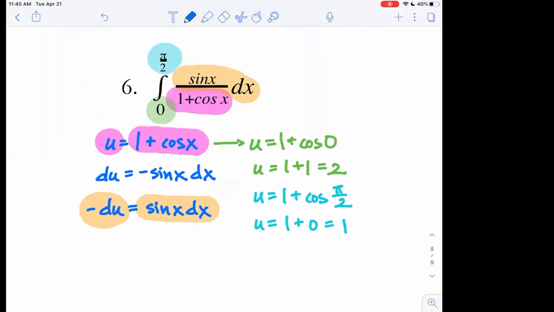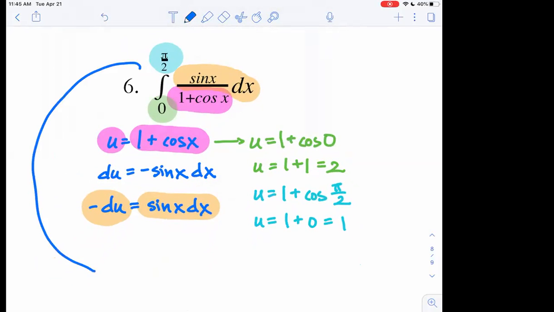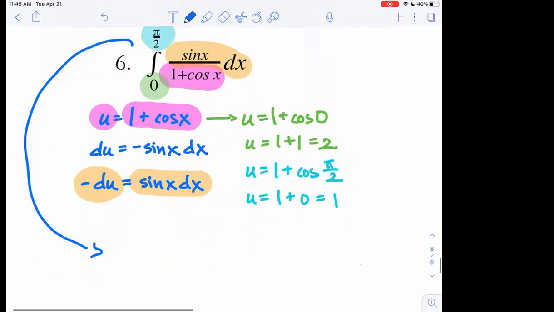So now let's take all of this in our setup and go ahead and substitute out what we can. So when I take my integral, my new bounds go from the green one on the bottom, 2, to the blue one on the top, 1. And then I have negative du that goes in place of the sine x dx over u.